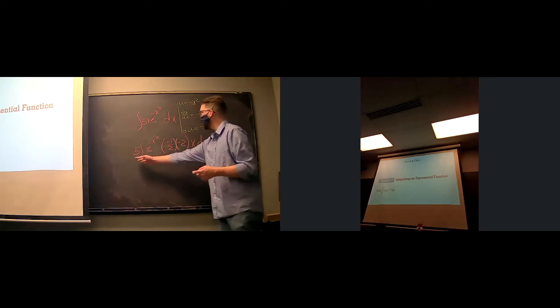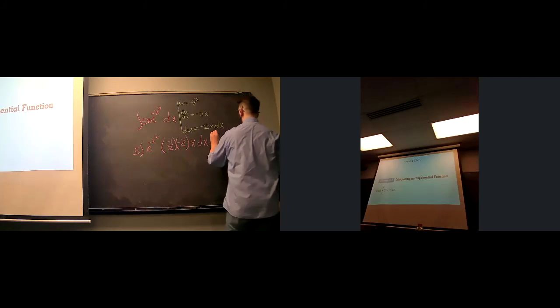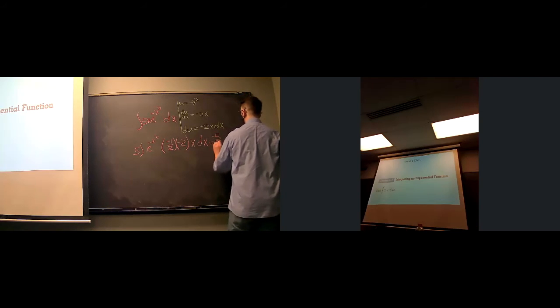Now we can pull that negative 1/2 outside to get negative 5/2, the integral of e to the negative x squared, negative 2x dx. Now we can apply u sub.